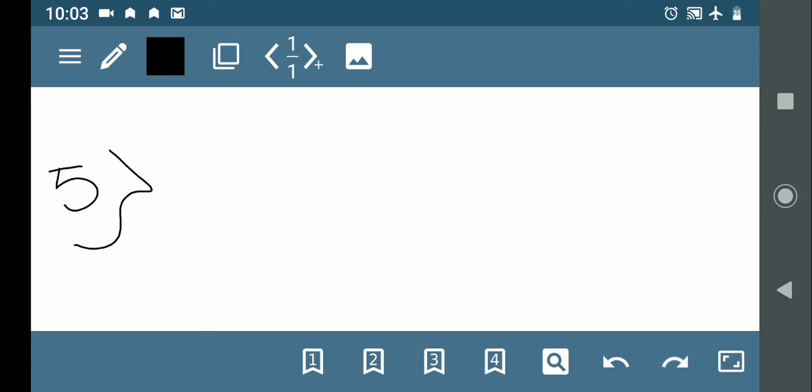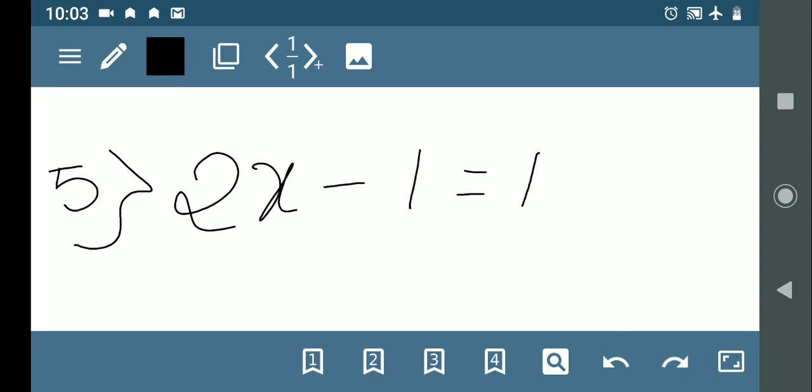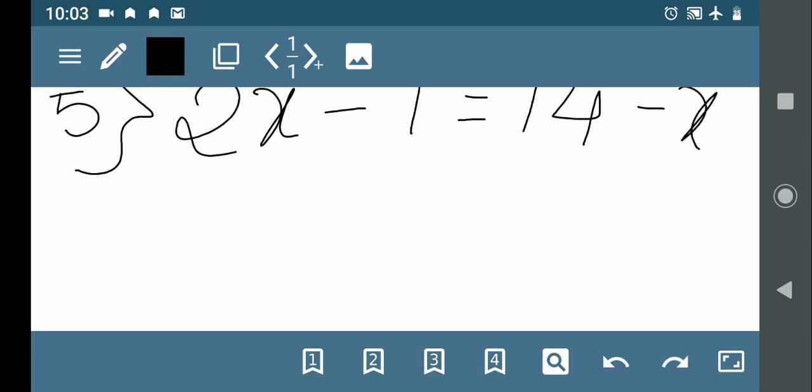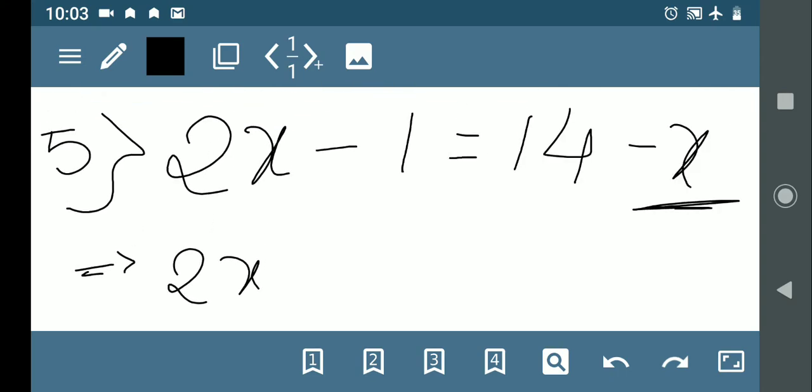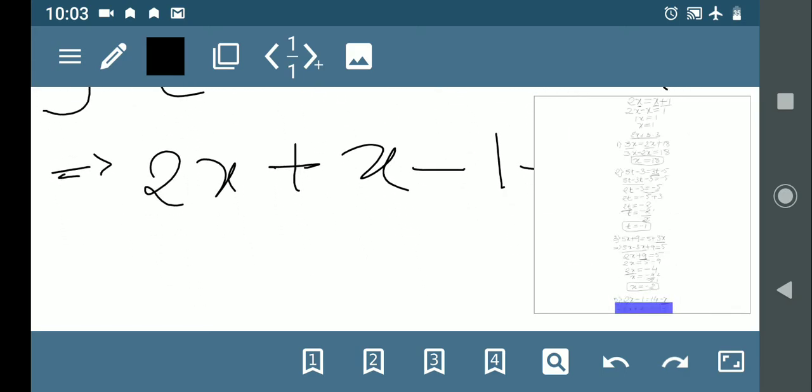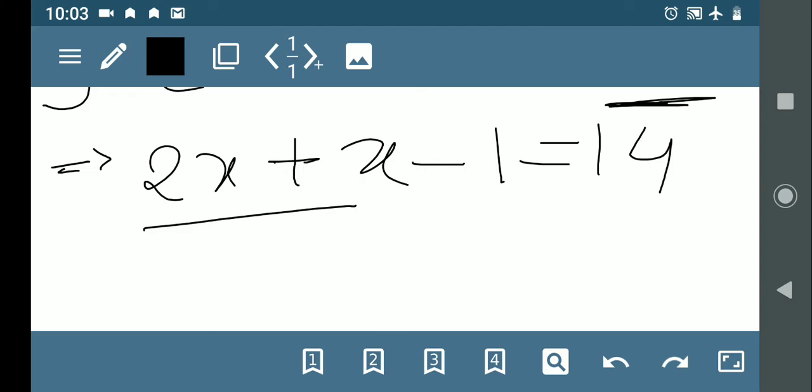Fifth problem. 2x minus 1 is equal to 14 minus x, which implies 2x. What you have to do? First take this variable to one side, that is LHS. Minus x becomes plus x, and we have minus 1 is equal to 14. 2x plus x is 3x, minus 1 is equal to 14.